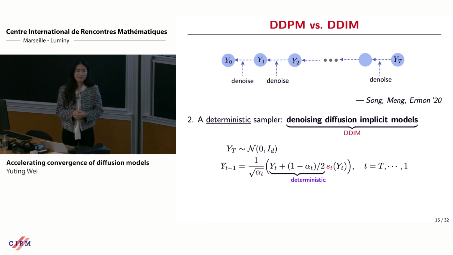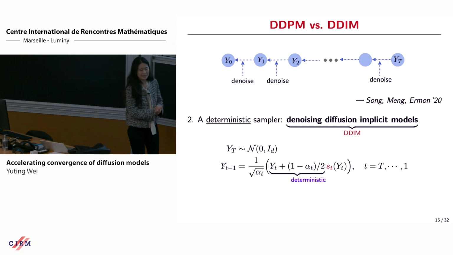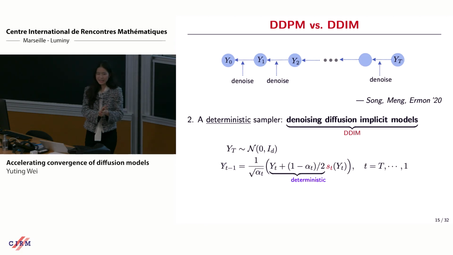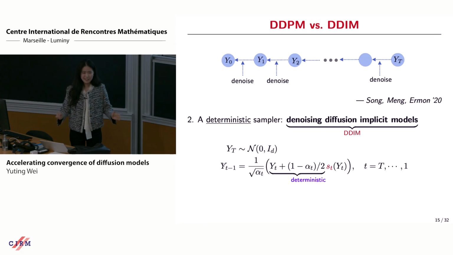Remind how you fix alpha t? Okay, so we divide this task into two. Step one is to do score estimation, where you use your training samples to estimate the scores. So S_t is just the estimator of the gradient log marginal.